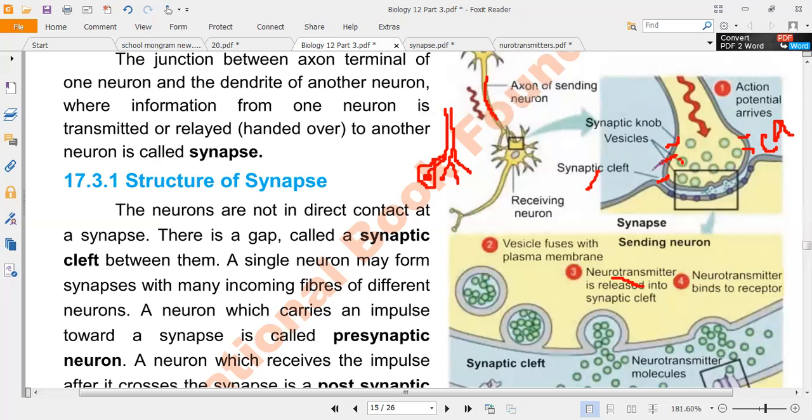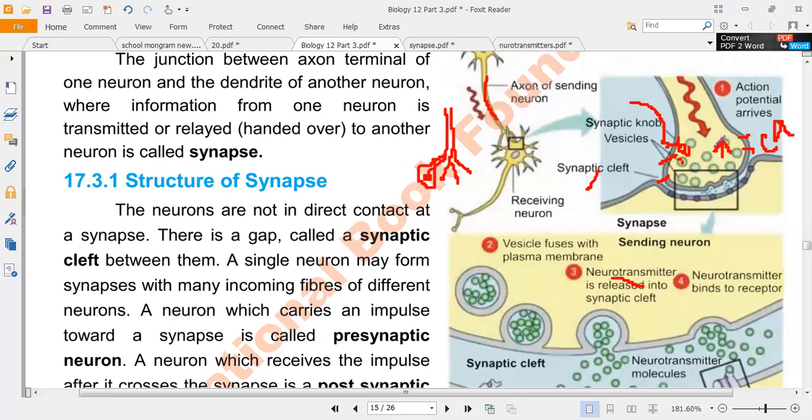They have voltage-gated calcium channels, and when the action potential reaches here, by that voltage all those calcium gates are opened. When they open, calcium from the extracellular fluid enters into the synaptic knob, or nerve knob.